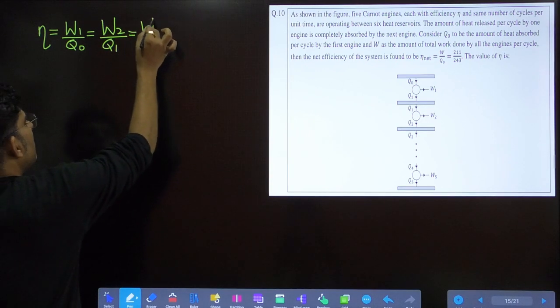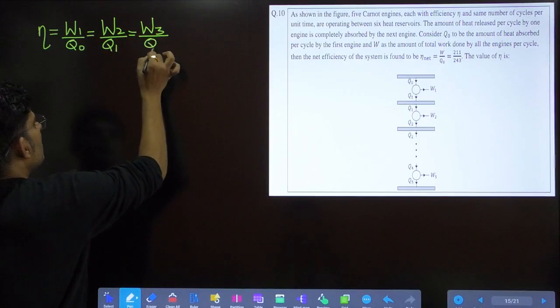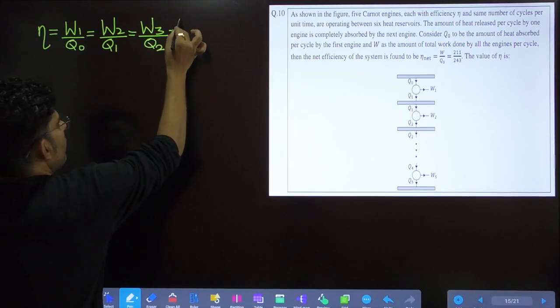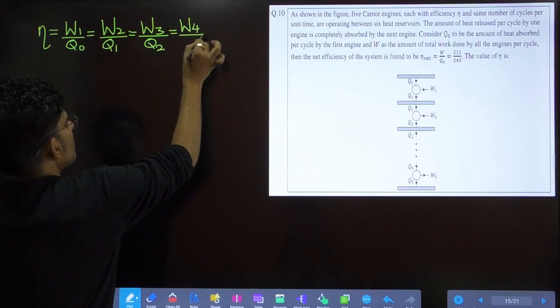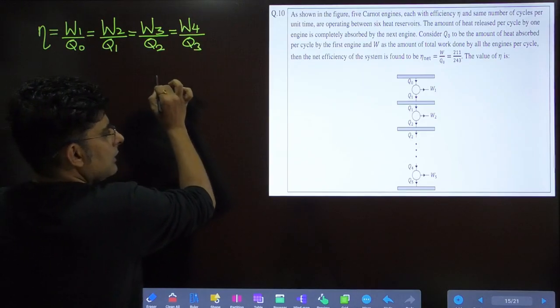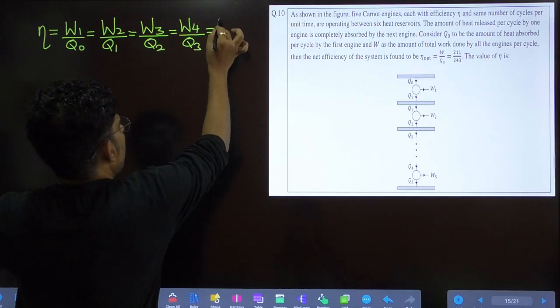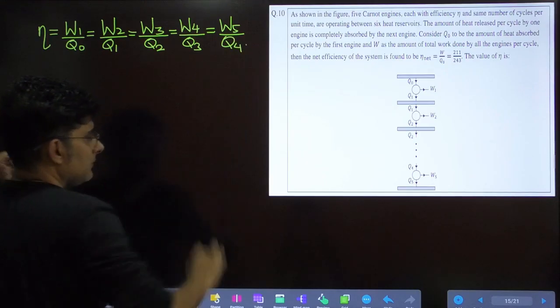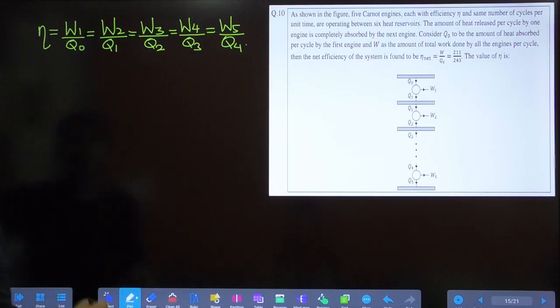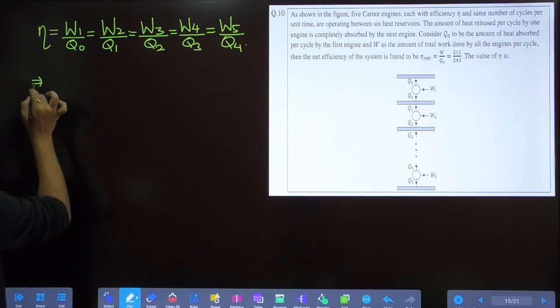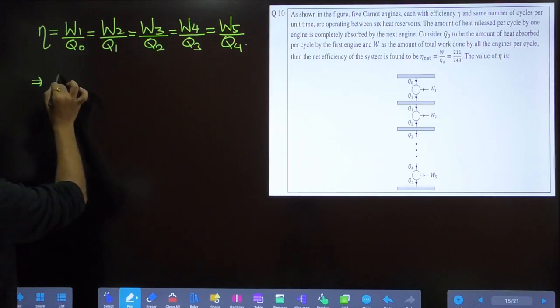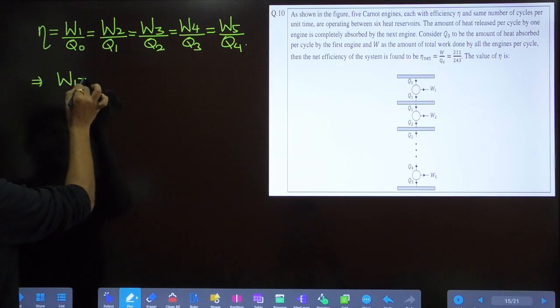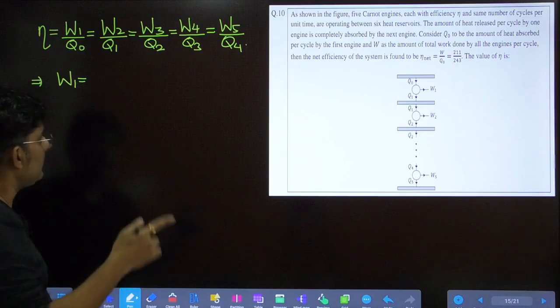For the third one, W3 by Q2. Fourth one, W4 by Q3, and the last one W5 by Q4. Clear? Since total work is W, let's try to write each work done in terms of Q0. Can we write it? Let's see.